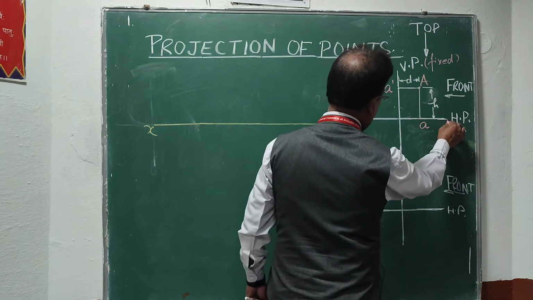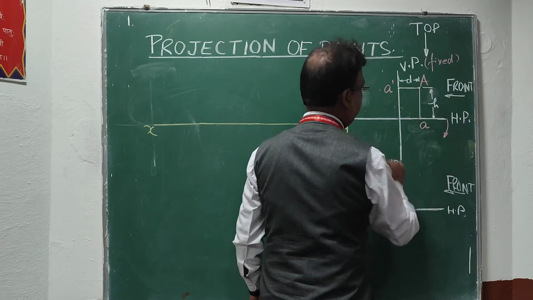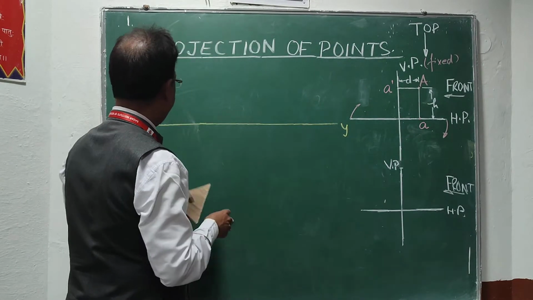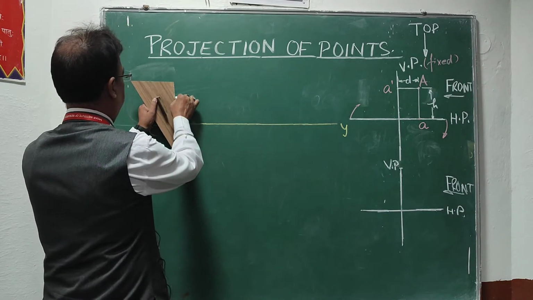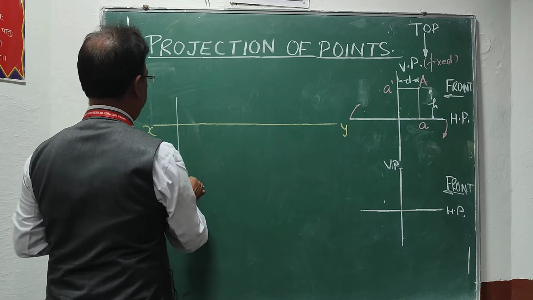When the horizontal plane rotates downward, this A moves downside by a distance small d.